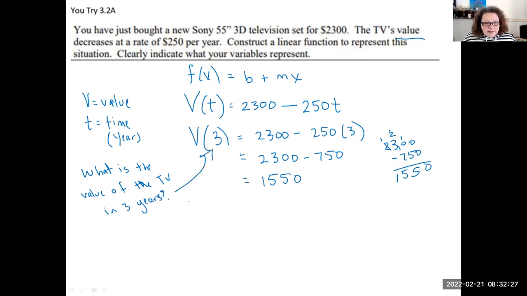And you would write the value of the TV in 3 years, because you're giving that time element, will be, now you need your units because we're writing a sentence to describe what's happening, will be $1,550.